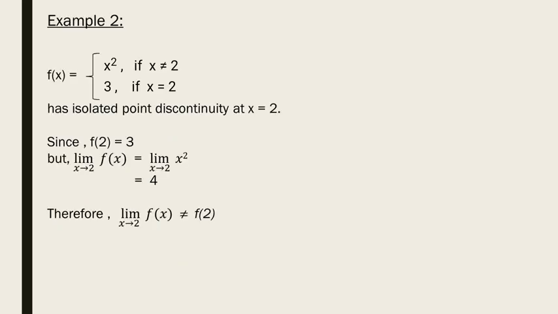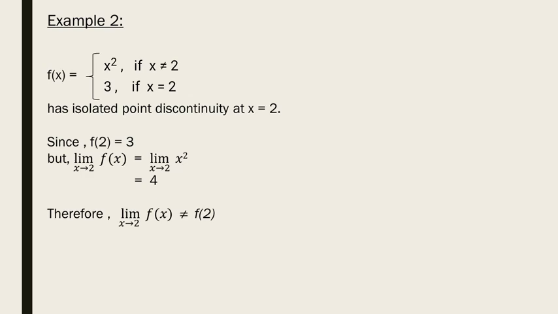Next, observe one more beautiful example: f of x is equal to x square if x is not equal to 2, and it is 3 if x is equal to 2. This function has isolated point discontinuity at x equal to 2, because here also the functional value is different from the limit of the function. Hence the function has isolated type discontinuity at which point?